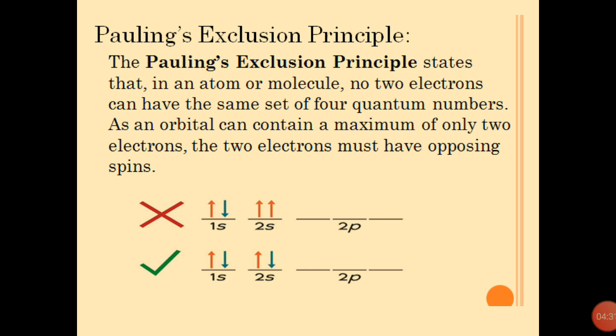That means we have seen the principal, azimuthal, magnetic and spin quantum numbers. In an atom, no two electrons can have the same values for these four quantum numbers.